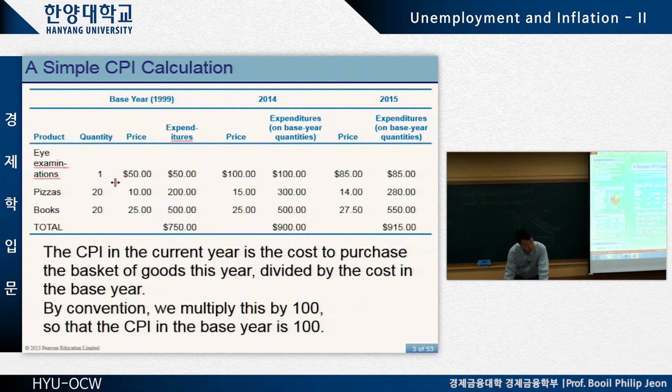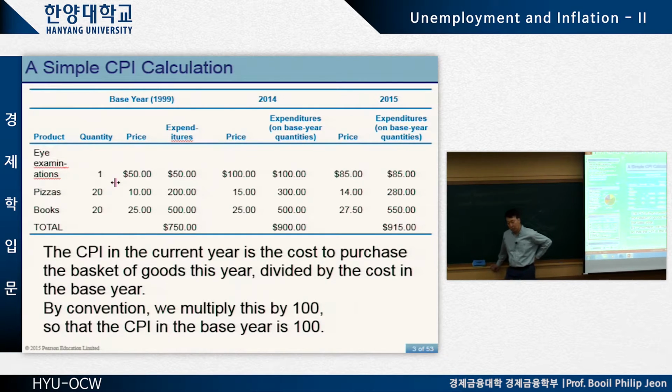So we are assuming that this basket of goods remains the same for some years, I think typically about 10 years. When they calculate CPI, they assume that the basket of goods remains the same.